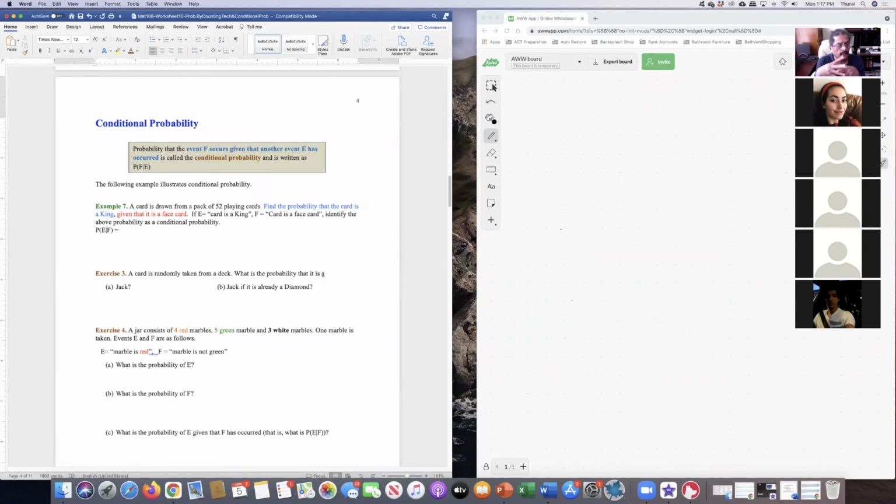The card is already known to be a face card. That means our sample space doesn't have 52 elements anymore. The sample space now has how many? 12 elements, right? Because we already know it's a face card. So what is the probability then? What number divided by what number?